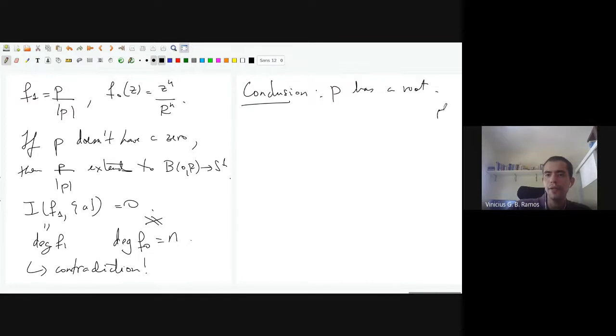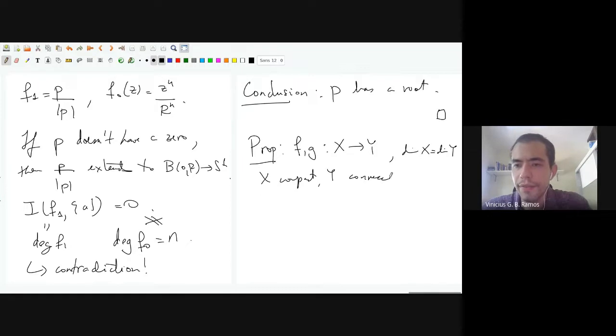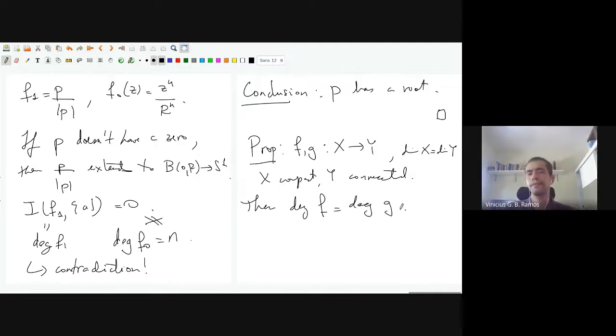I mean, I guess we used something that we didn't exactly state, but it's kind of obvious from the definition, which is, maybe I should write this as a proposition, but we don't need to prove it: if you have f and g, which are functions from X to Y, and the dimension of X is equal to the dimension of Y, X is compact, and Y is connected, then the degree of f is equal to the degree of g.